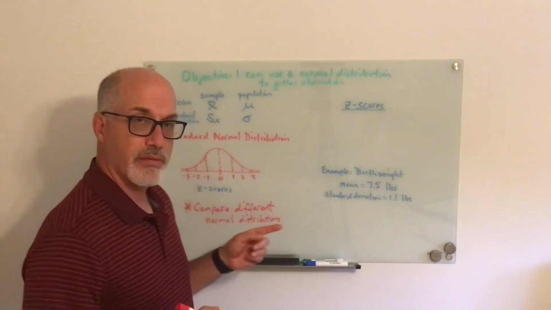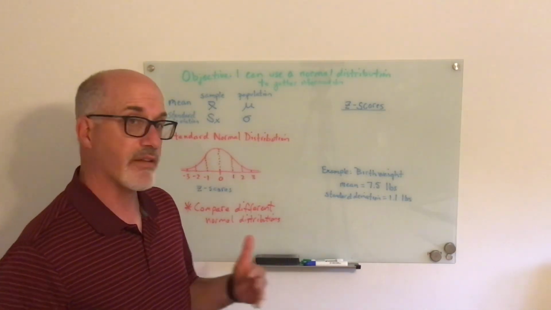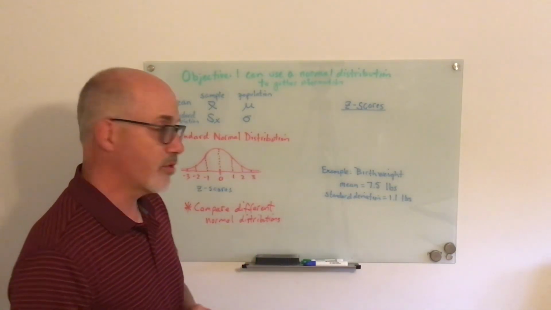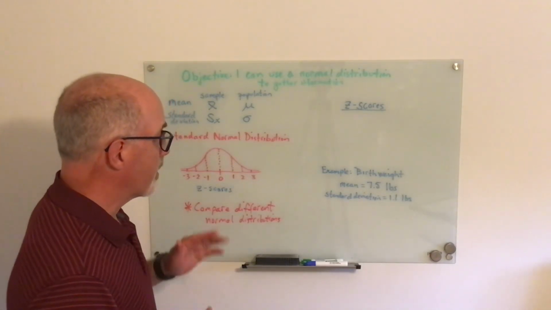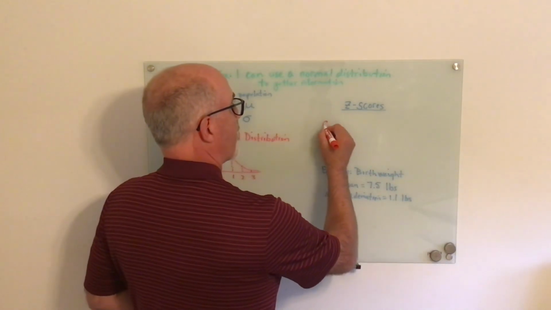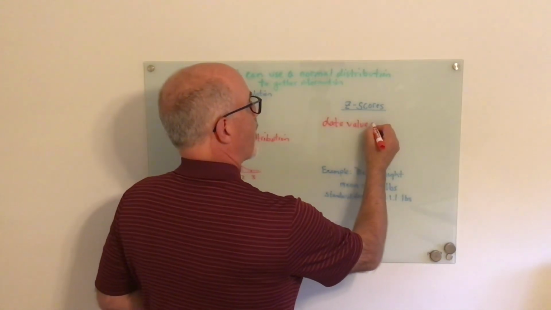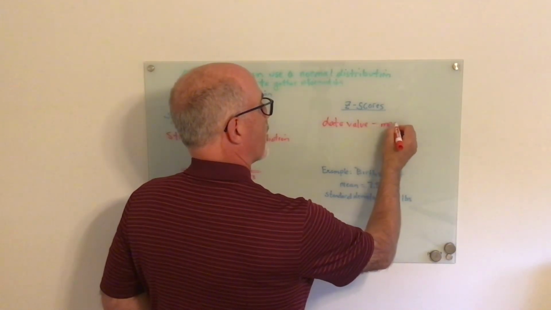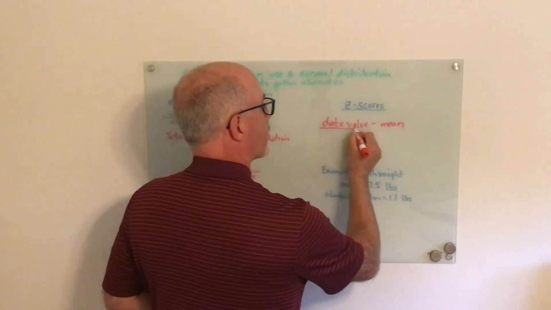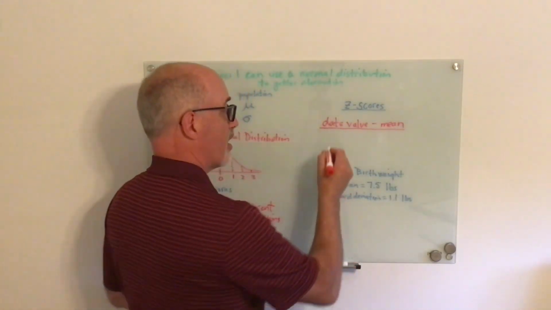So the phrase z-score is going to become very important in helping us calculate information with normal distributions. So what we'll do in order to calculate a z-score, you're going to take whatever data value you have, subtract off the mean, because that's the middle of our symmetric graph, and divide it by the spread, which is the standard deviation.